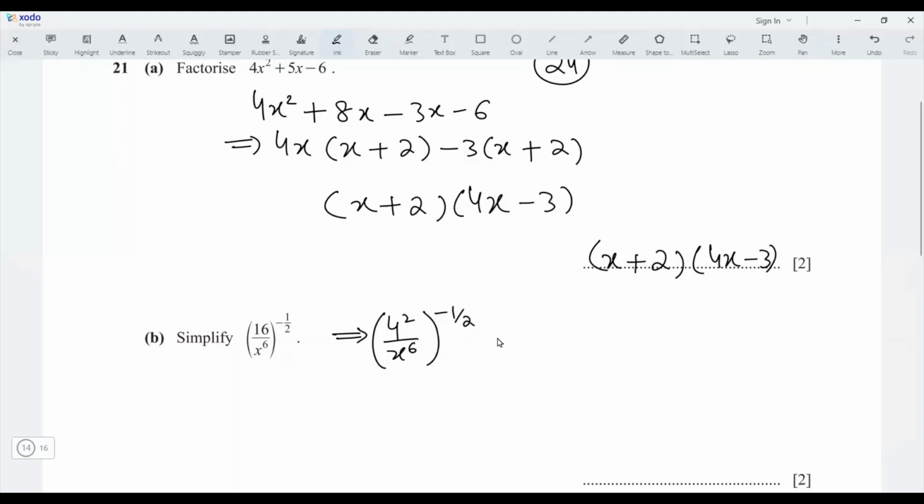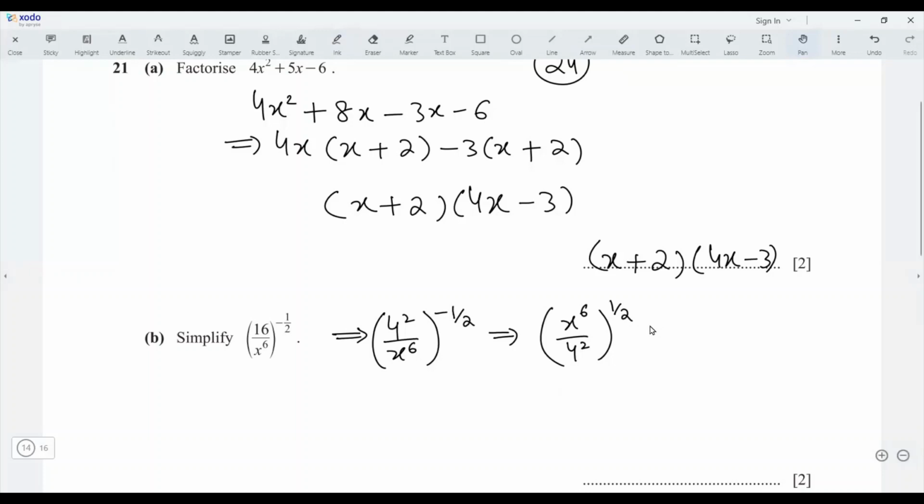So how to make powers positive? We can just take the reciprocal inside the term. So it becomes x raised to power 6 divided by 4 squared, whole power 1 over 2.